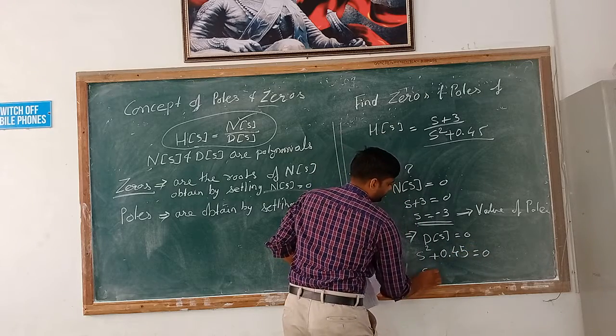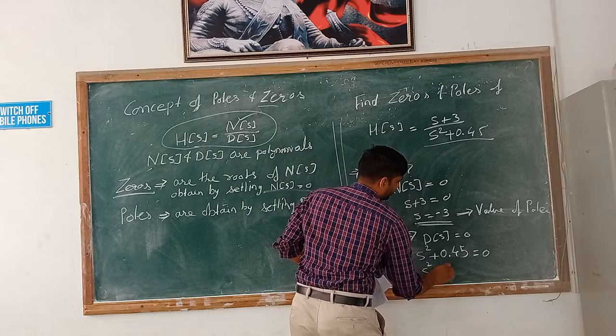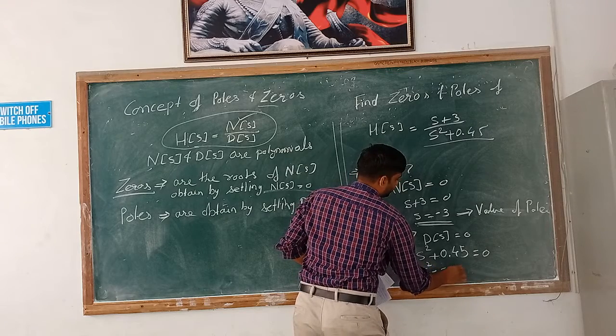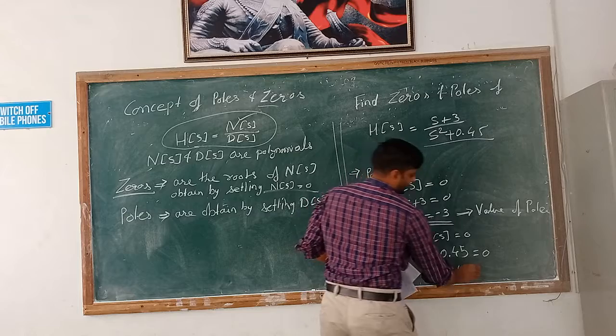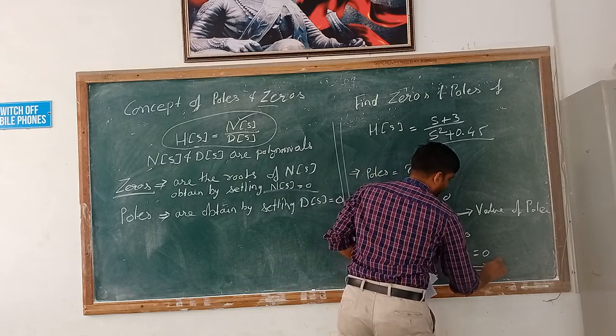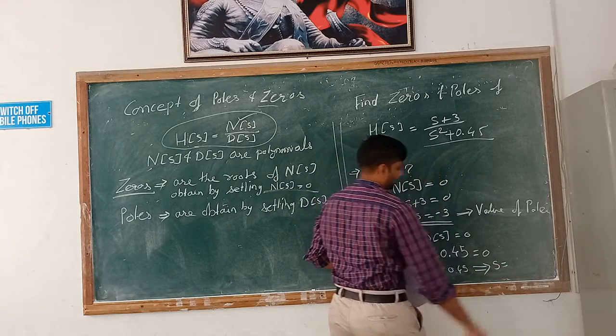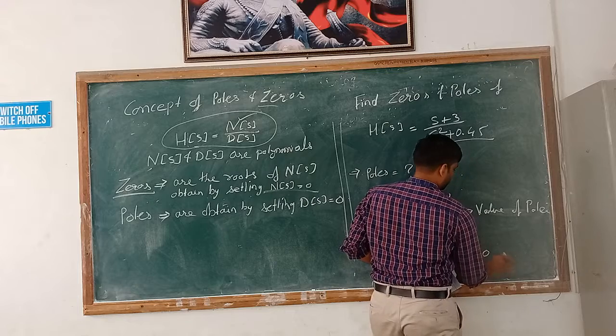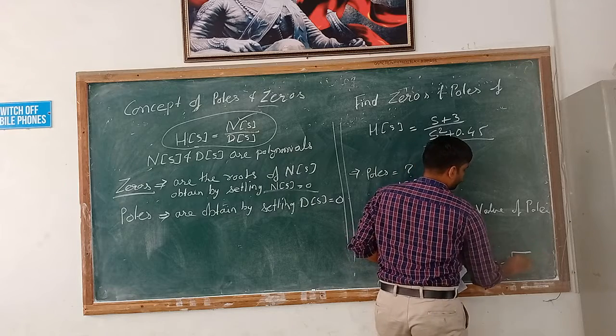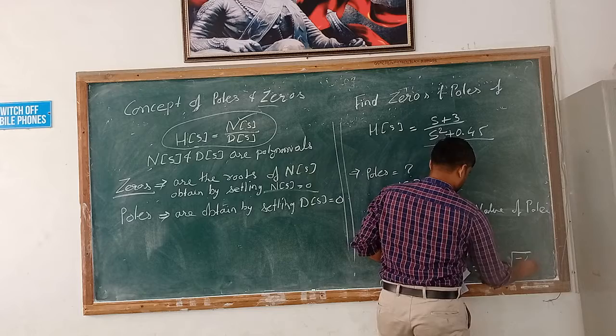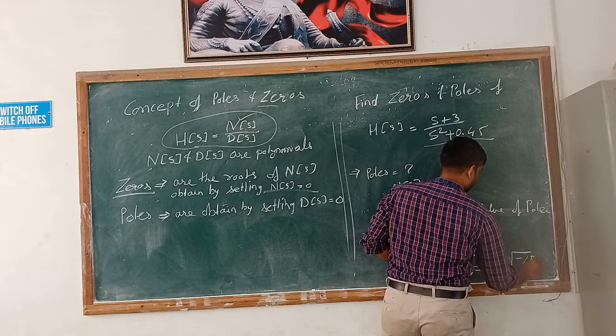Now s squared is equal to minus 4.5. By taking the root, we get s equal to plus or minus the square root of minus 4.5.